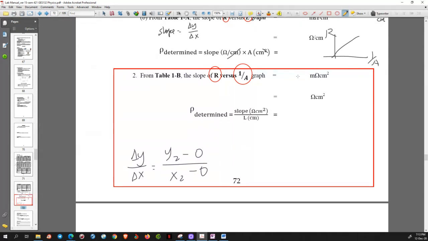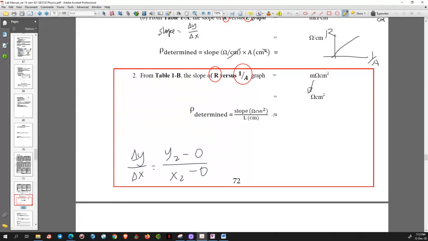For example only, let's say that your slope here is times 10 raised to minus 2. So you will multiply by 10 raised to minus 3. This becomes times 10 raised to minus 5. That's how you remove the milli from the milliohm. Is that clear? We multiply by 10 to minus 3, teacher. Yes. Okay.